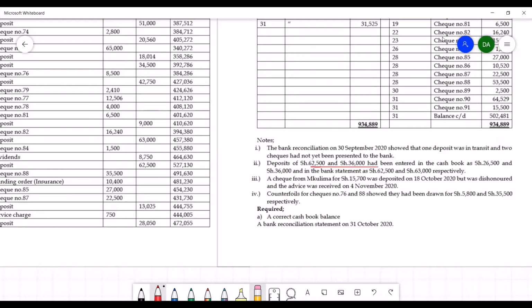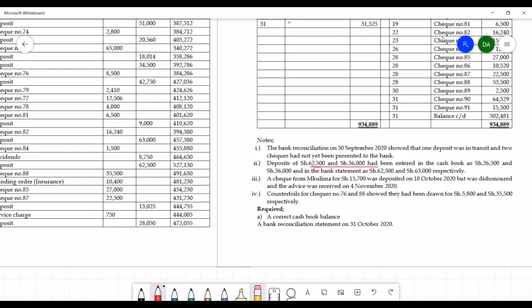The next information is that deposits of 62,500 and 36,000 had been entered in the cash book as 26,500 and 36,000, and in the bank statement as 62,000 and 63,000 respectively.